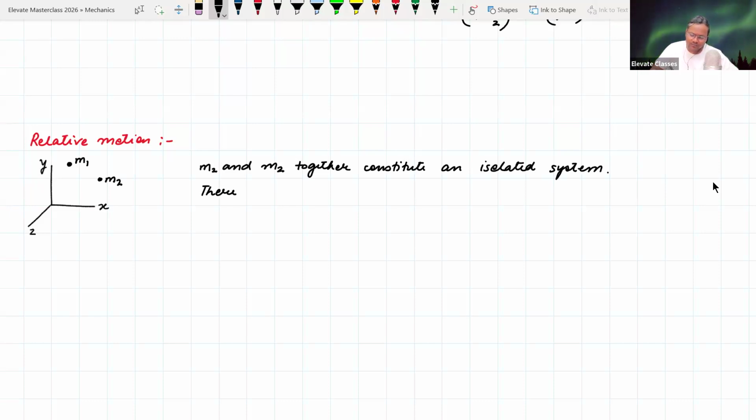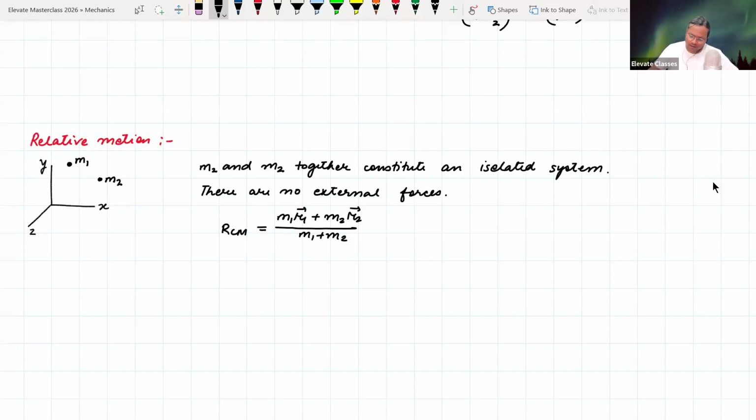Internal interactions are there, but there are no external forces. Now, if we calculate the center of mass of this system, then this will simply come out to be (m1 r1 plus m2 r2) upon (m1 plus m2).